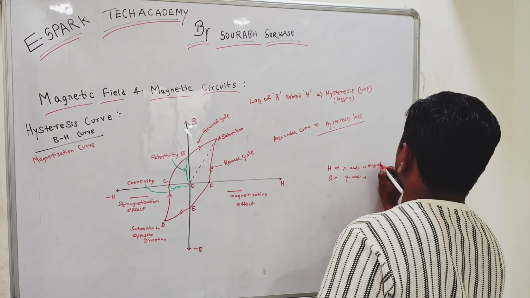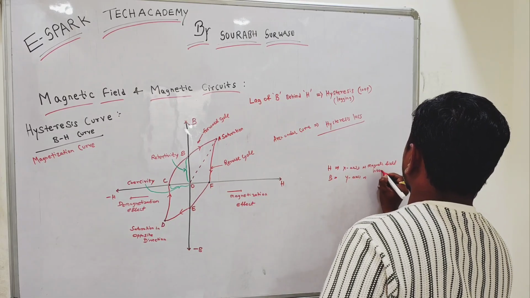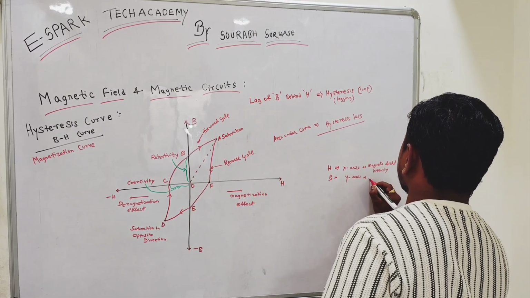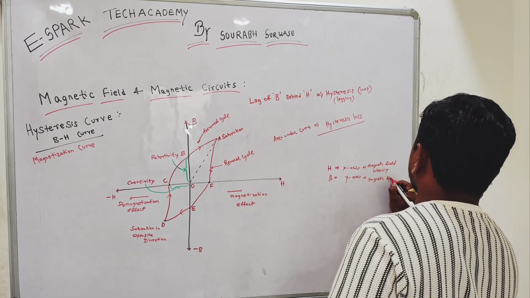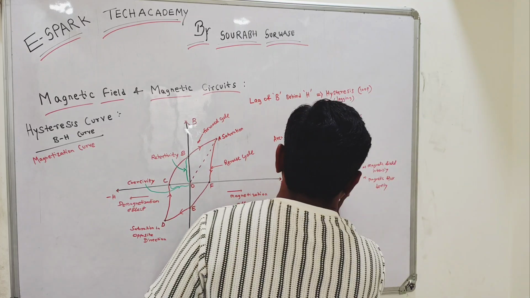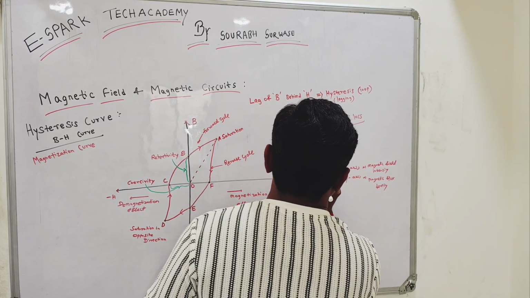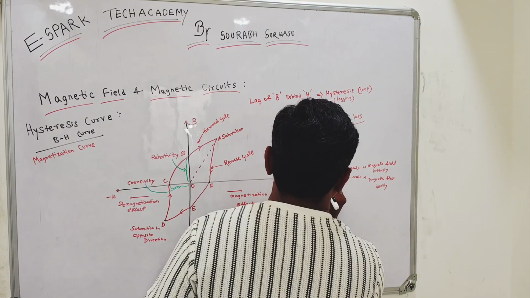This is magnetic field intensity and this is magnetic flux density. H is measured in ampere turn per meter, and B is measured in Weber per meter square.